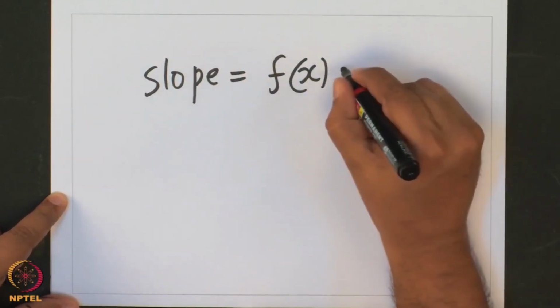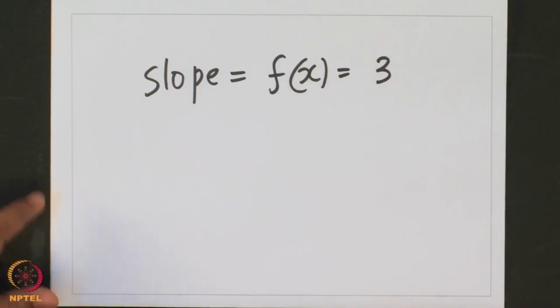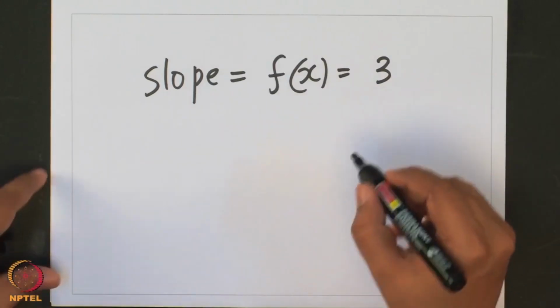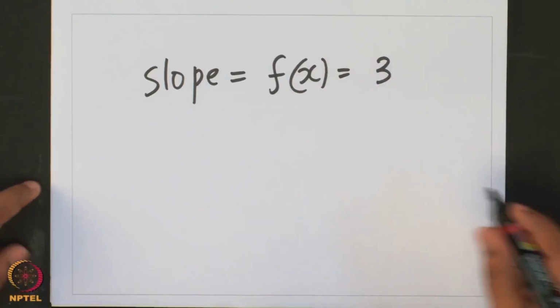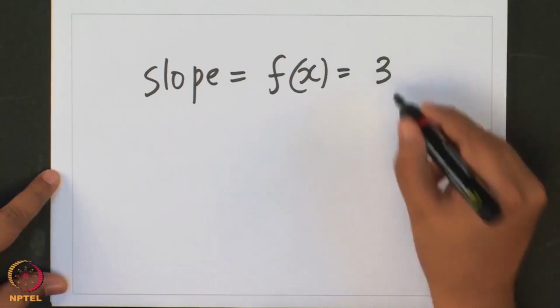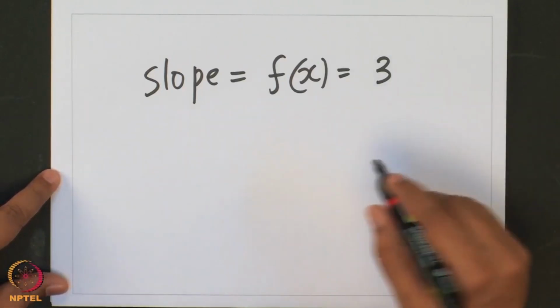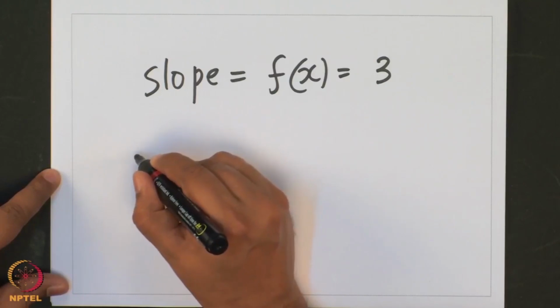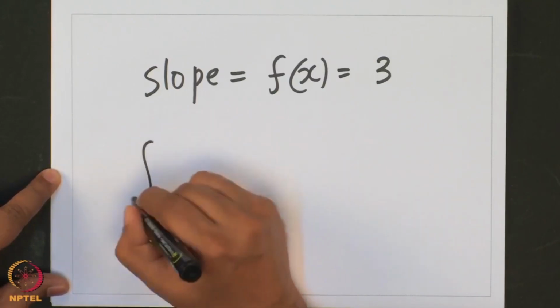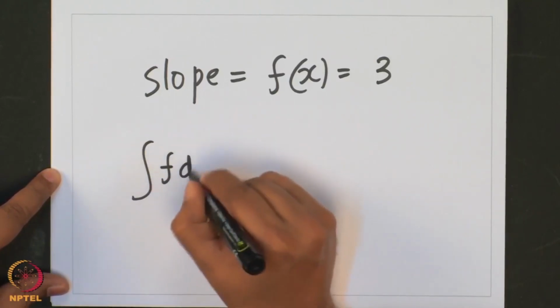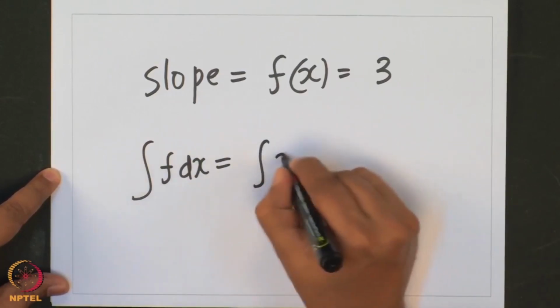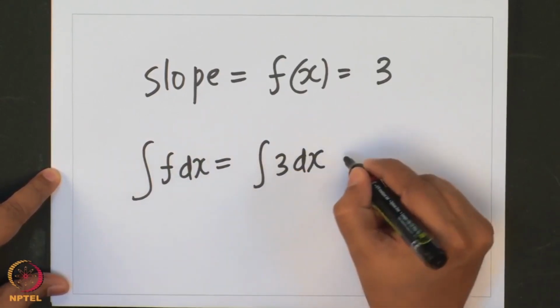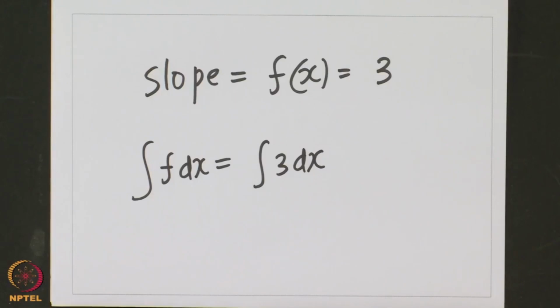If the slope is 3, which is not a function of x, but the slope is 3, so if my function is a constant which is 3, the integral that I want to calculate is integral f dx, which is integral 3 dx, and we know how to find the answer to this using the formulas that we learned.